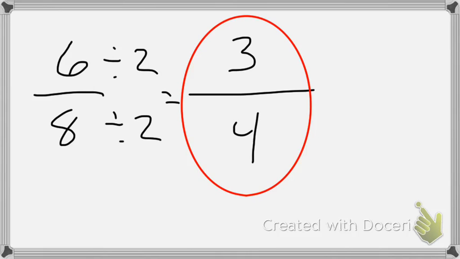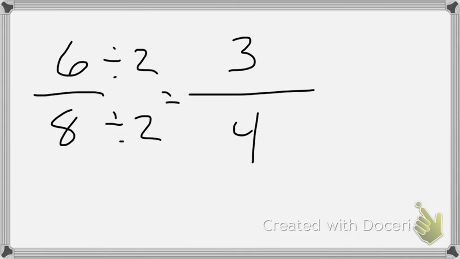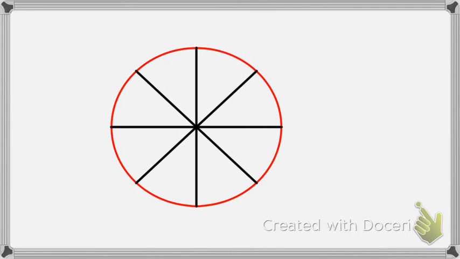Now 6/8 and 3/4 are equivalent to each other. Equivalent means they're equal. They represent the same amount, but 3/4 is just simplified or reduced, but they're equivalent. Going back to my pizza, I have 8 pieces of pizza. Let's see, I ate 4 of them.